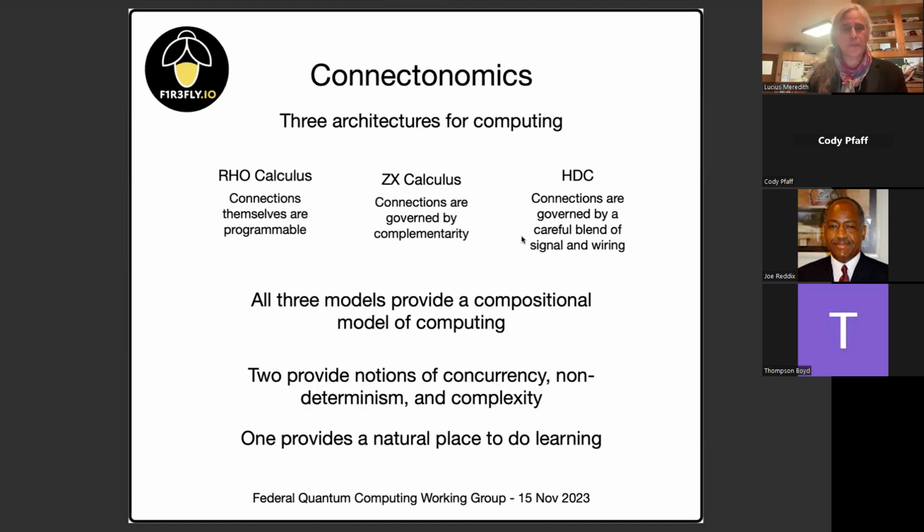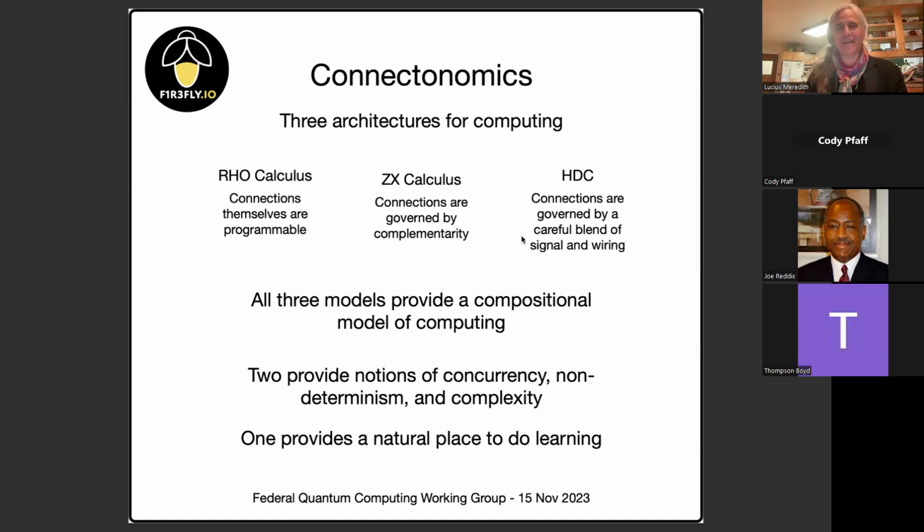So I'm going to talk about three models of computation: the rho-calculus, the ZX calculus, and hyperdimensional computing. And this is the quantum working group, so ostensibly I should be focused on quantum compute, and that's kind of right in the center of these.